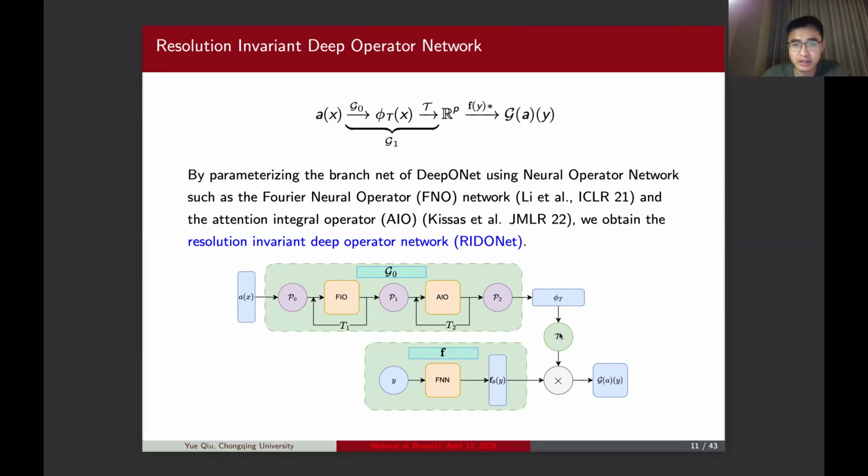This T operator makes the output of this part real vectors, since the input and also the information transferred inside this G0 block are all functions.